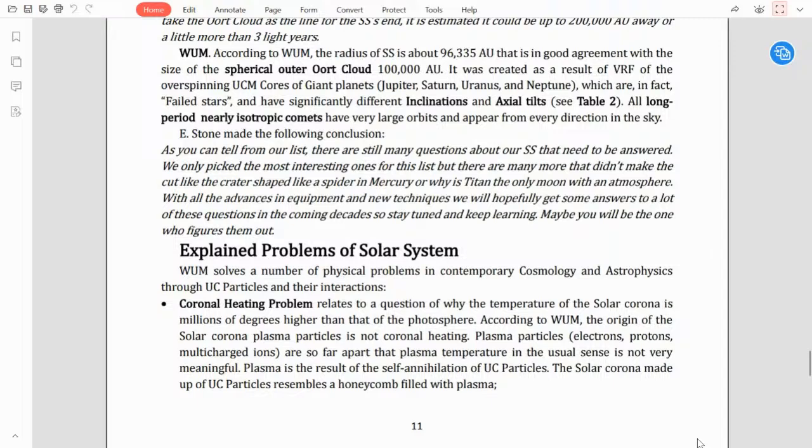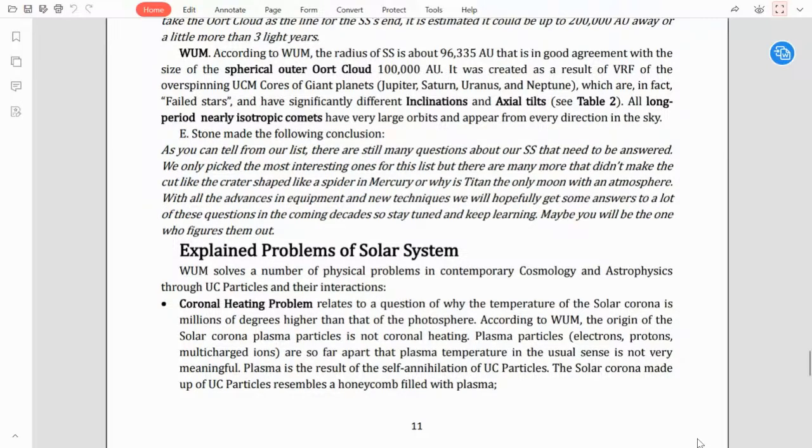UCM solves a number of physical problems in contemporary cosmology and astrophysics through UC particles and their interactions. The coronal heating problem relates to the question of why the temperature of the solar corona is millions of degrees higher than that of the photosphere. According to UCM, the origin of the solar corona plasma particles is not coronal heating.